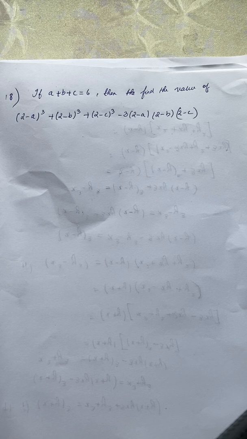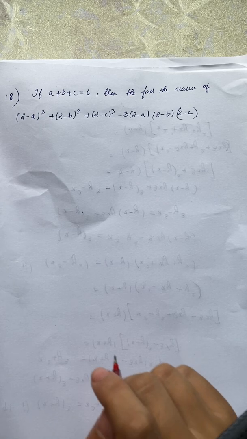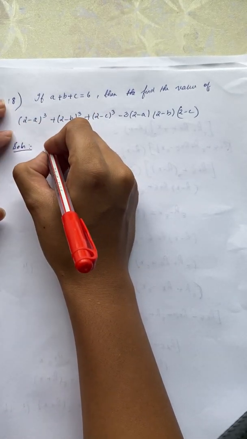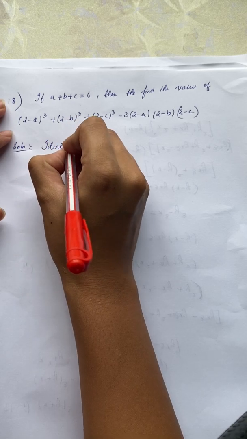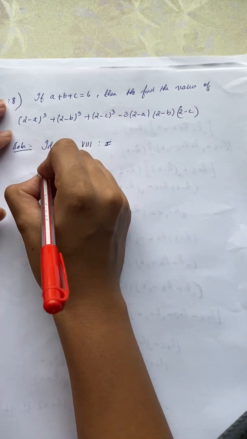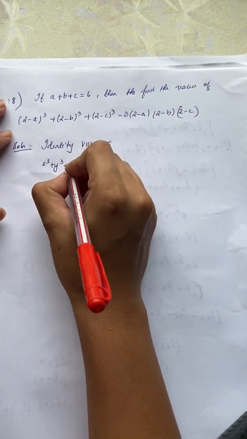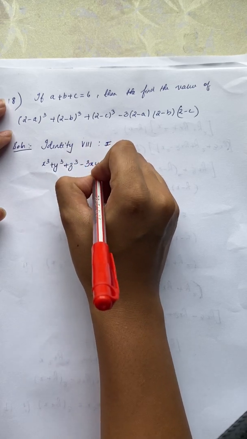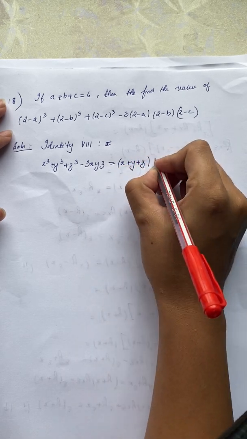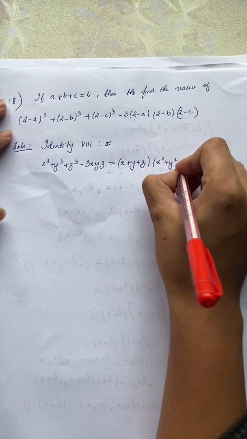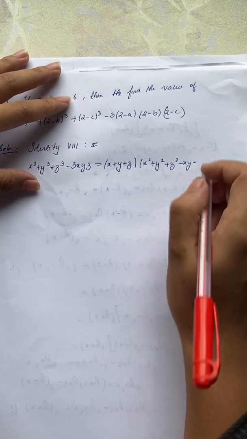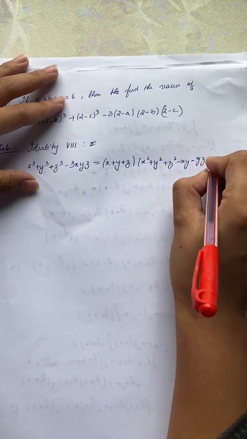Now we shall go with question number 18. In order to understand question number 18, identity number 8 tells us, identity number 8 is what? x cube plus y cube plus z cube minus 3xyz is equal to (x plus y plus z) into (x square plus y square plus z square minus xy minus yz minus zx).